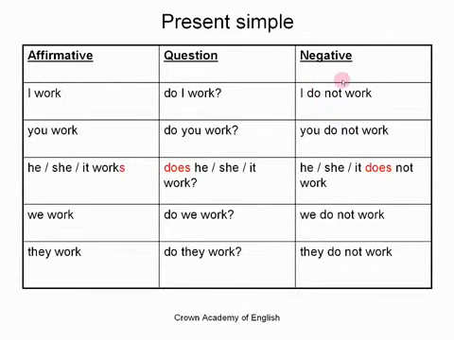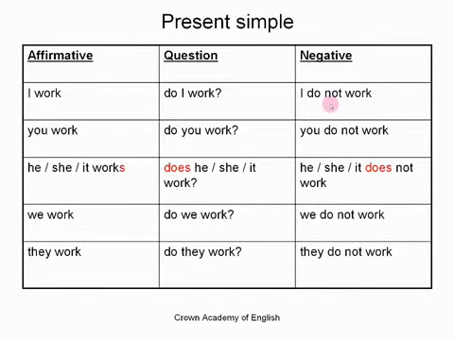And we use the infinitive form of the verb for all of them except the third person singular, except the he, she, it form. Okay, so let's go through them again. So the I work becomes I do not work.